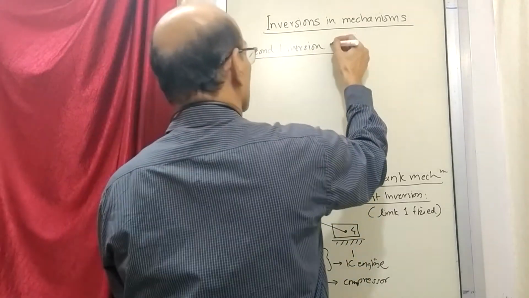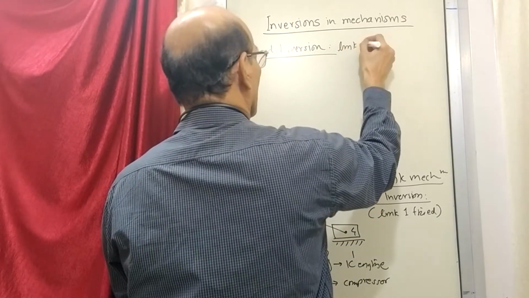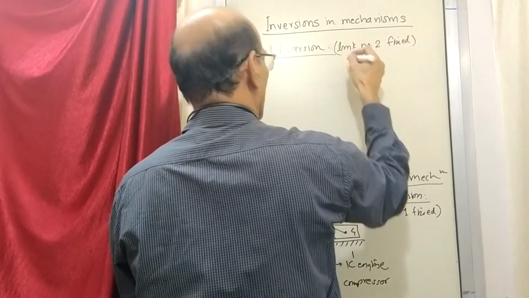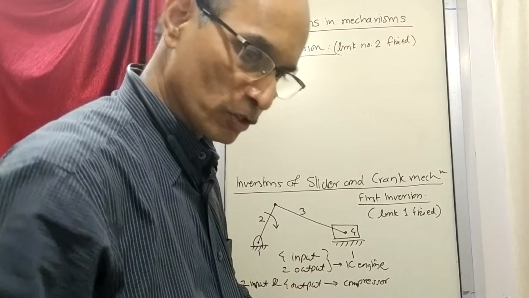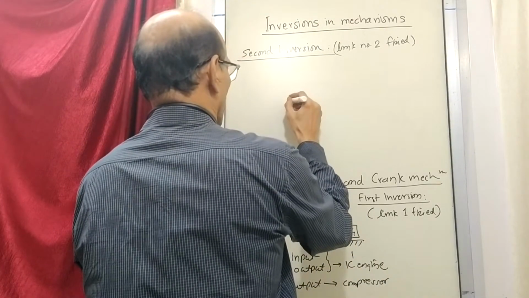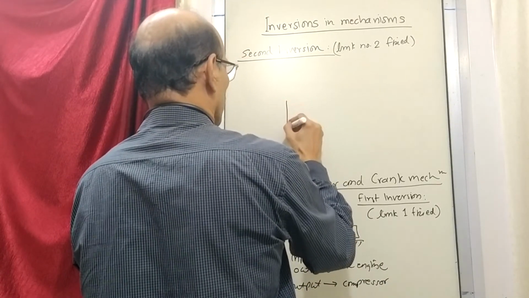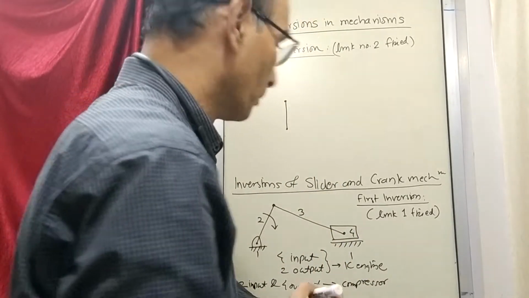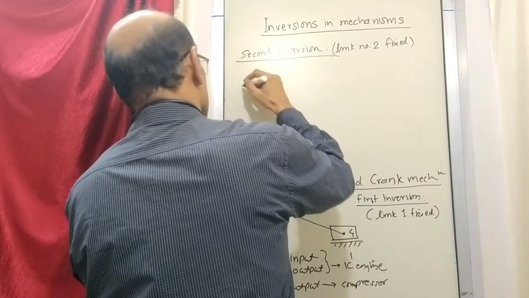In this case, link number 2 is fixed, and of course link number 1 is released. So when you do that, let me draw the mechanism, how it looks. This is link number 2. I am drawing it vertical, and then link number 1 is drawn like this.